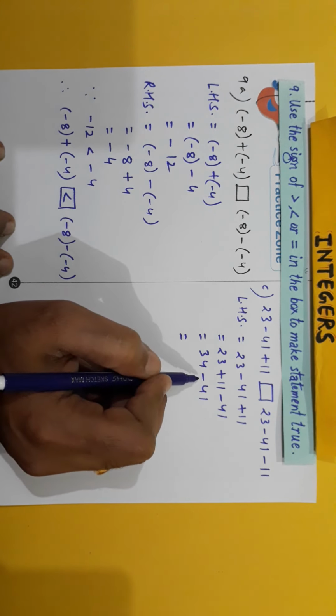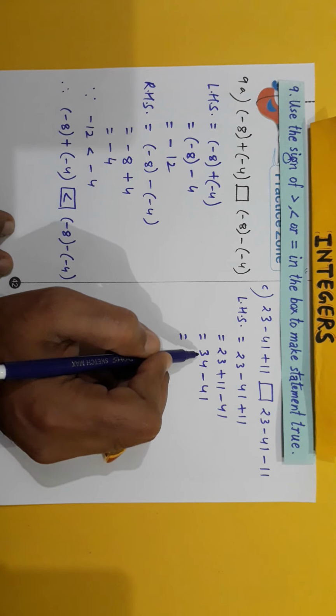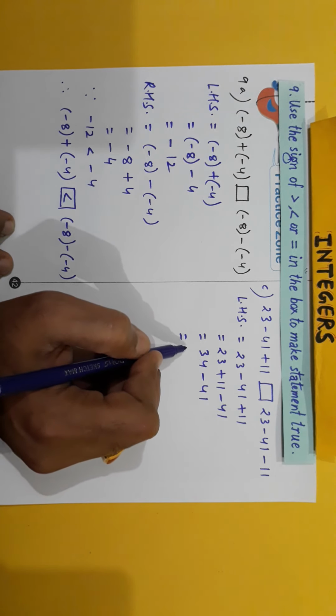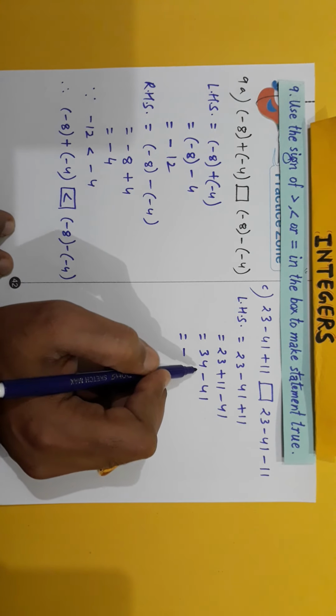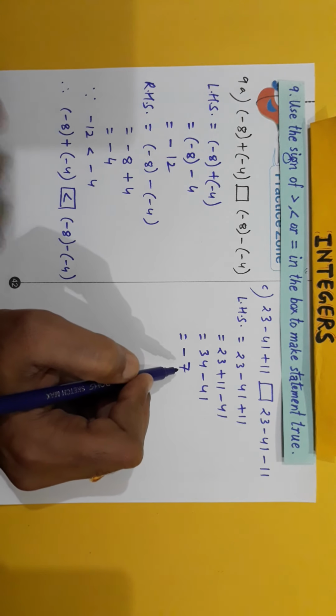They both have two different signs, and the number 41 is greater in comparison to 34 in terms of absolute value. That is why, since they have two different signs, we will subtract, and when we subtract we will get 7.